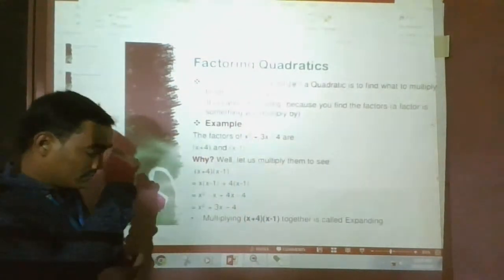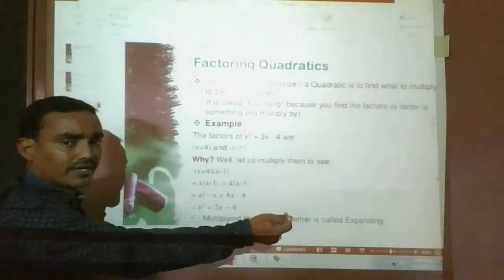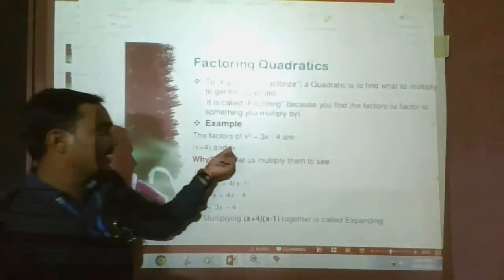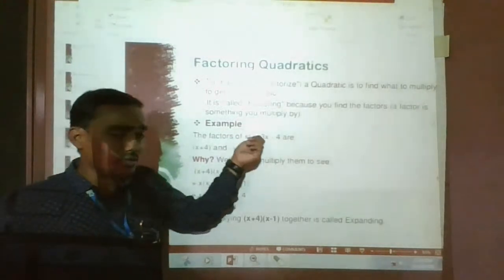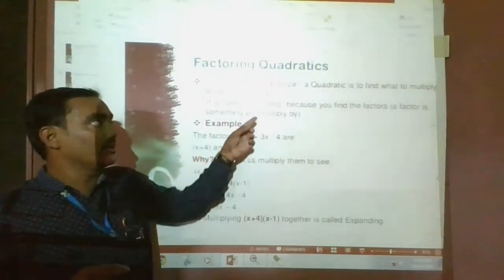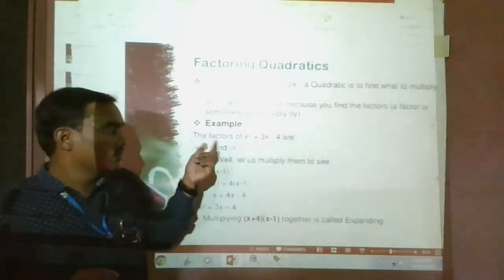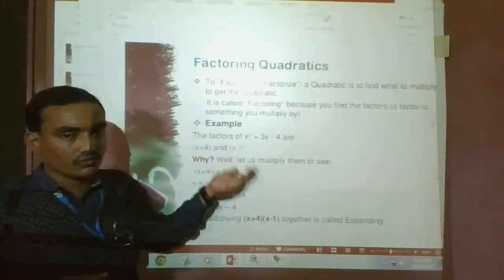It means the solutions: x plus 4 equals 0 means the value of x is negative 4, and x minus 1 equals 0 means x equals positive 1. So 1 and minus 4 are the roots of the given quadratic equation. The two factors are x plus 4 and x minus 1.